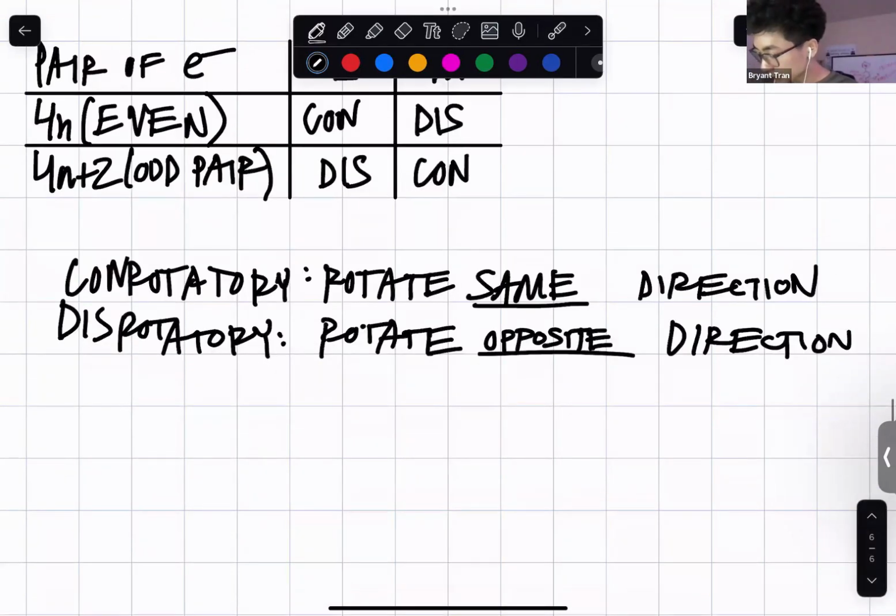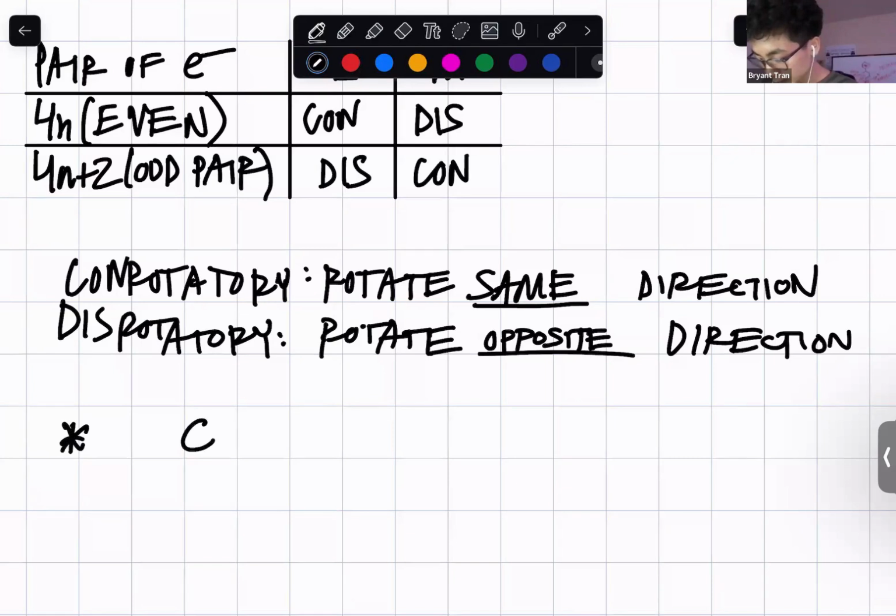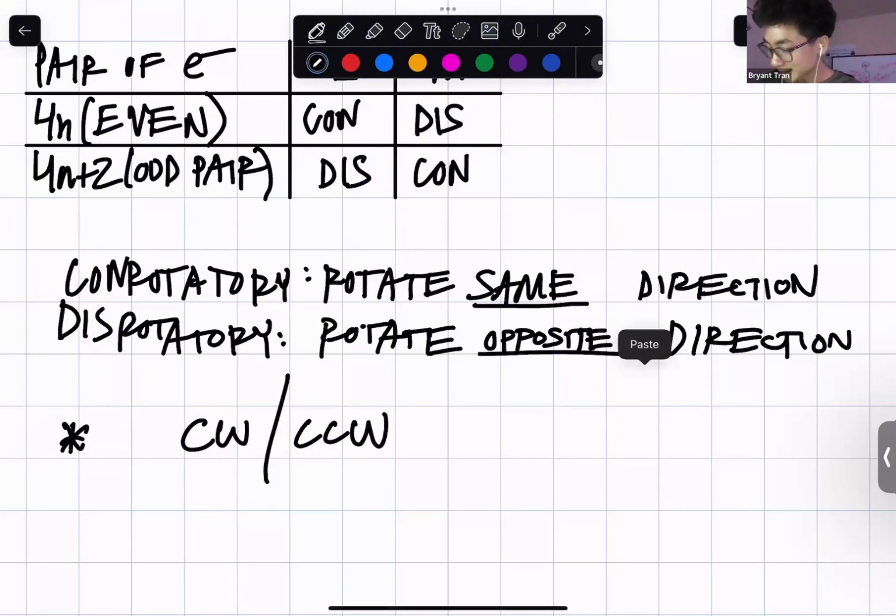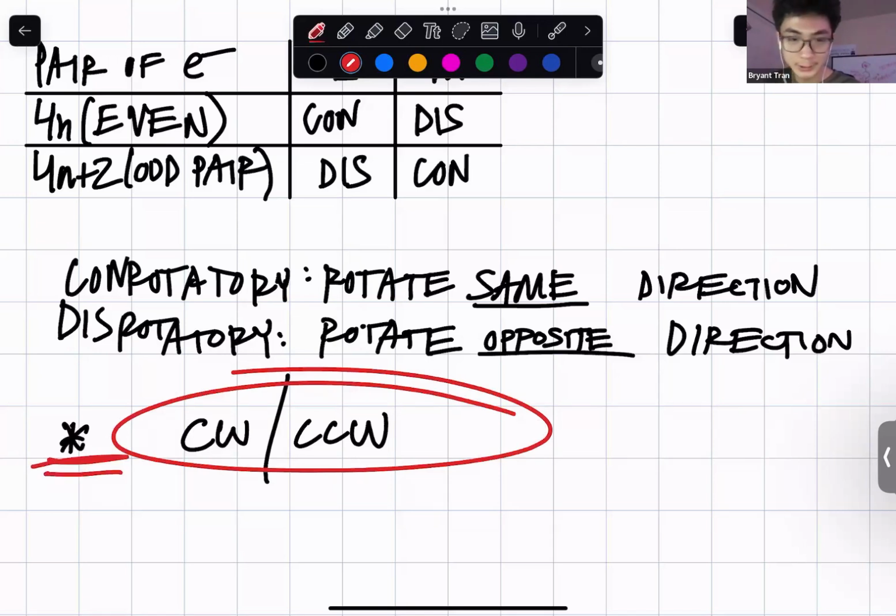Okay, now the direction that we're going to rotate in is either clockwise or counterclockwise. When I first learned this reaction, this was the trickiest part, telling the difference between clockwise and counterclockwise with the thumbs. But we're going to practice that.